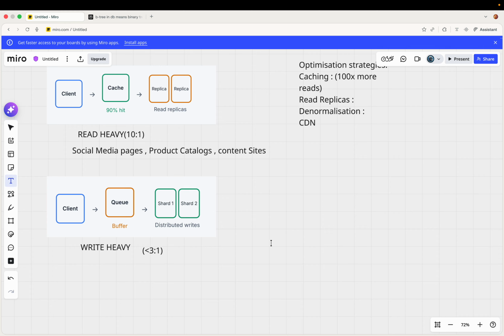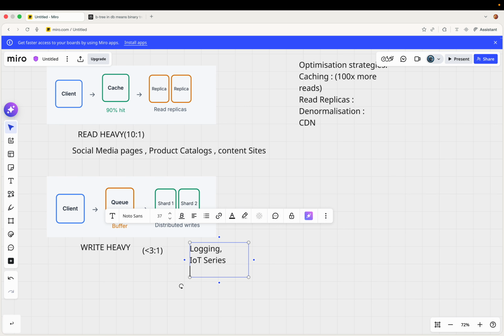Examples: logging is a write heavy system. IoT sensors, which generally log data every millisecond or every second. Messaging is also a write heavy system.